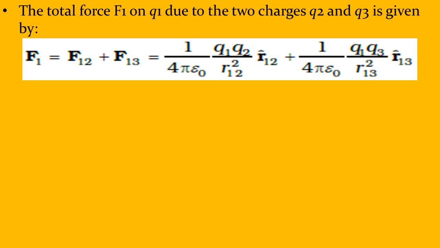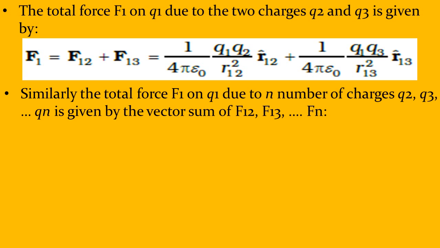F1, the force on charge 1, is equal to F12, force on charge 1 due to 2, plus F13, force on charge 1 due to 3, which is the sum of the two expressions which we saw earlier. Similarly, if I have got n number of charges, 3, 4, 5, 6, etc., I can add all these terms and get the force F1 on charge q1.